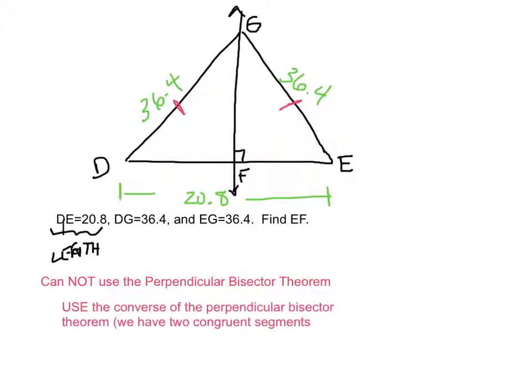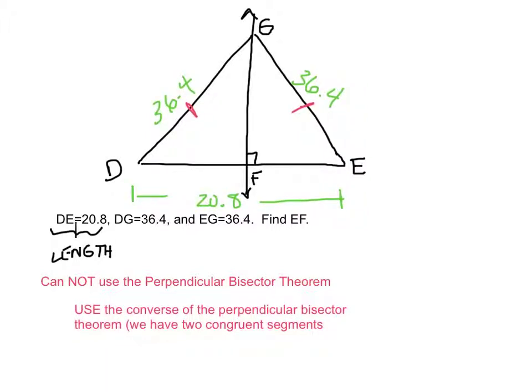Oops, I forgot a parenthesis there. So we're going to use the converse of the perpendicular bisector theorem, which tells us that because these two sides are congruent, we can say that G must be on the perpendicular bisector.